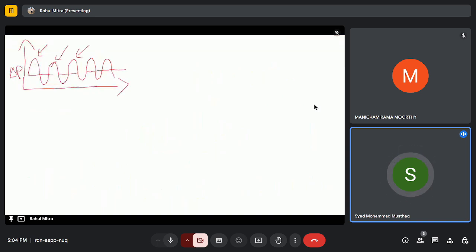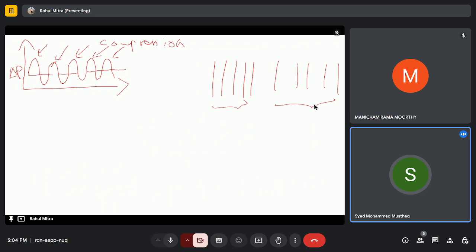These all parts, let's say, represent compression, right? For example, see, this is the compression of air molecules, this is the expansion of air molecules. So if I represent it in a wave diagram, it should look like this.